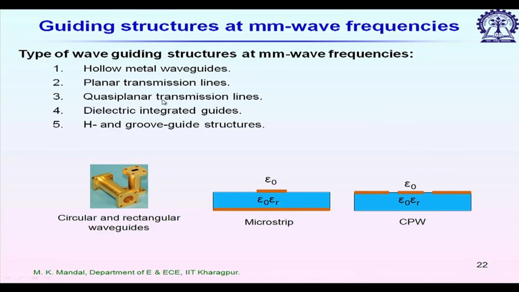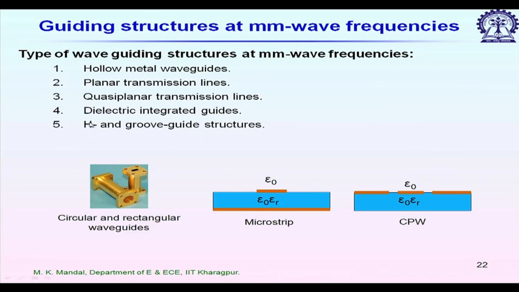We also have some quasi planar transmission line like fin line. Then we have dielectric integrated guides like non-radiative dielectric guide, we call it NRD, image guide, insular image guide. So, different forms of dielectric integrated guides, and then H and group guide structures.